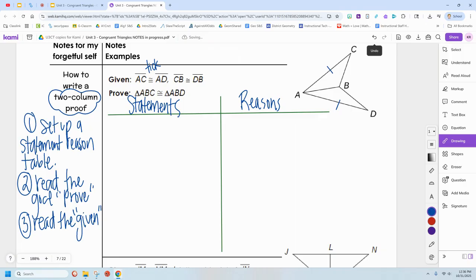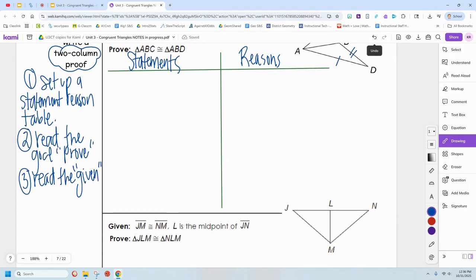How do I mark it? Double hash marks. Double tick marks, yep. Because if you do single, then it will mean that all four of those are congruent. And if you do the double, then it splits apart. Yep, very good. Okay. That AC and CB are congruent. Now, wait. We need to write down another step here.